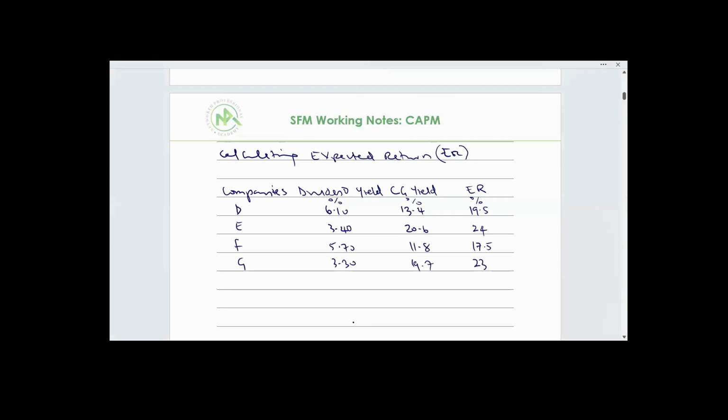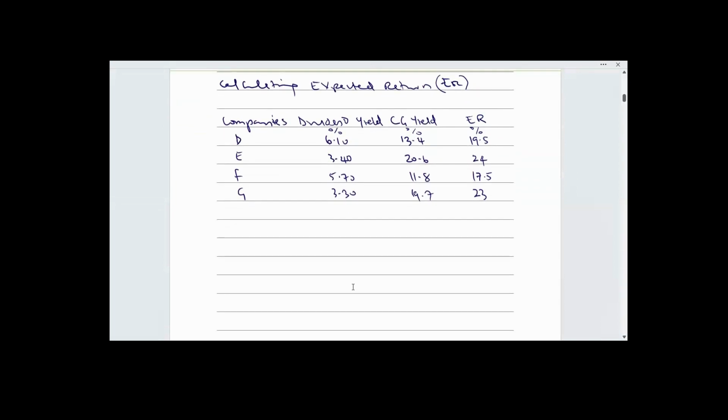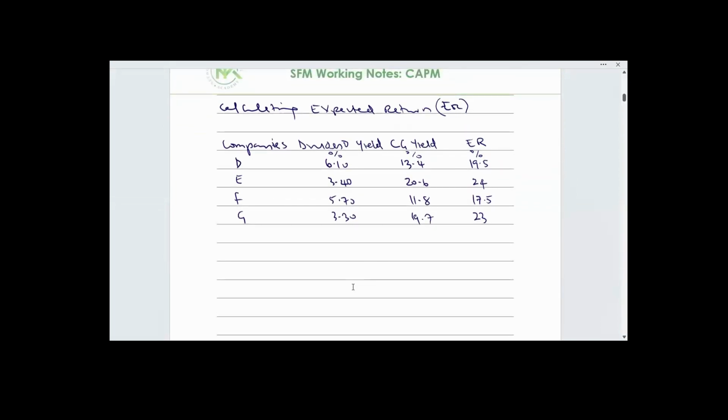So now that we have the expected return, I need to go ahead and calculate my required return.